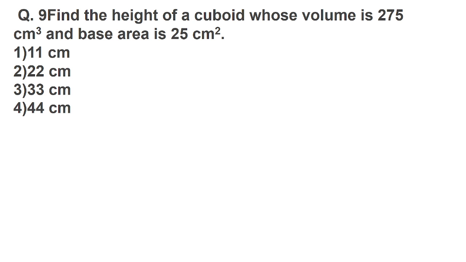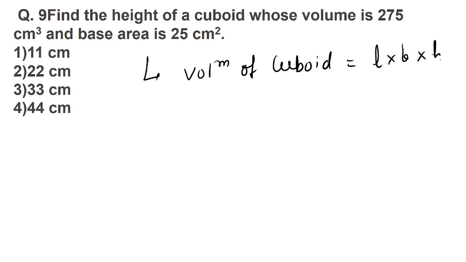Moving ahead to next question, question number 9. Find the height of a cuboid whose volume is mentioned 275 centimeter cube and the base area is mentioned 25 centimeter square. Now look here students, we know the volume of cuboid is equal to length into breadth into height.